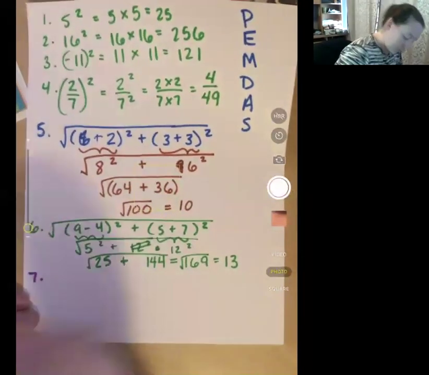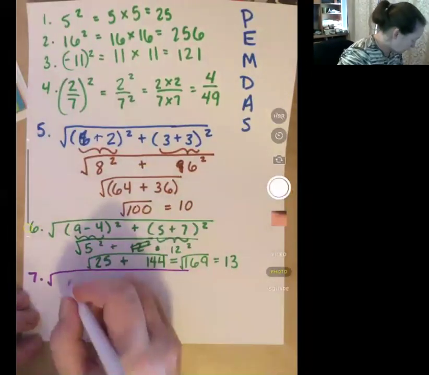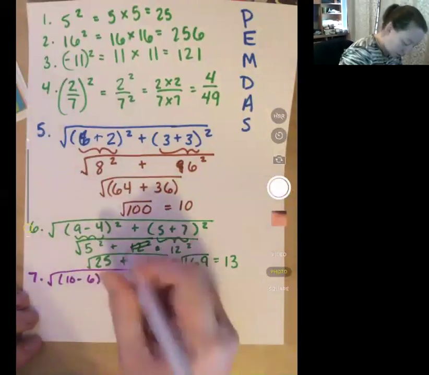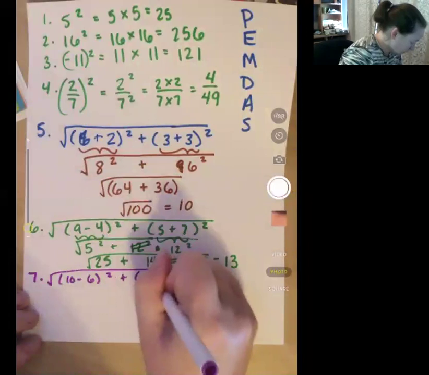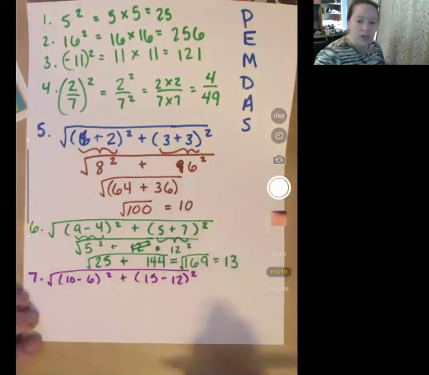Number 7, square root of the quantity 10 minus 6 squared plus the quantity 15 minus 12 squared.